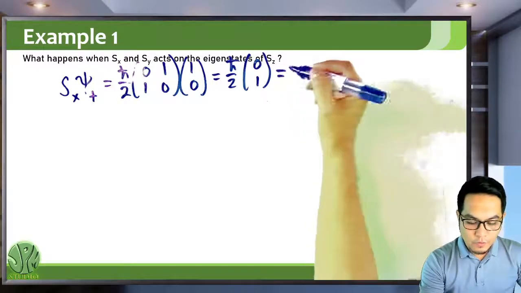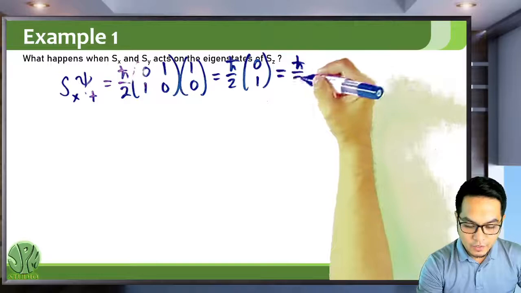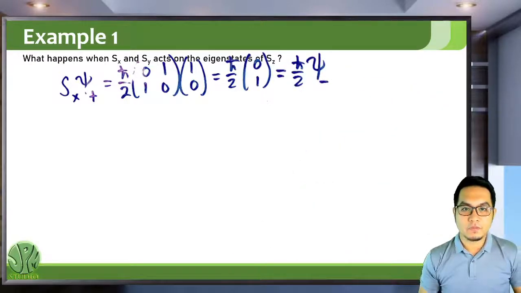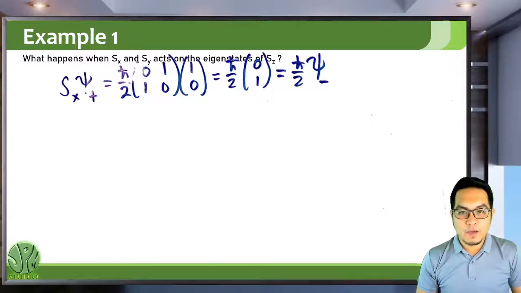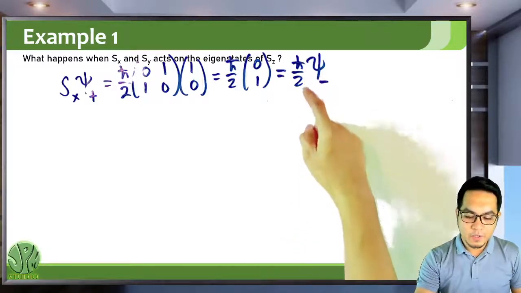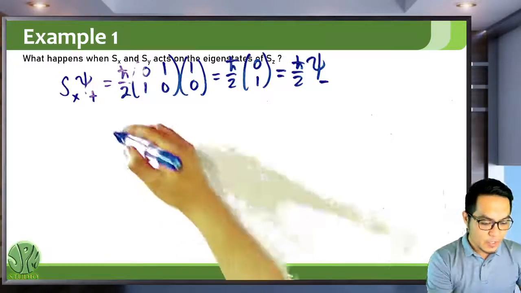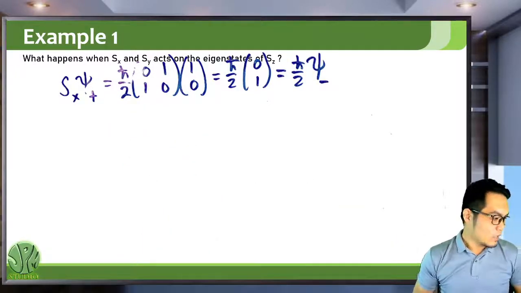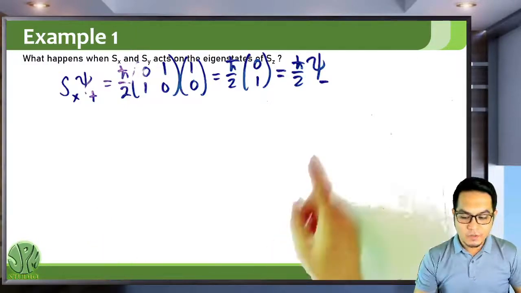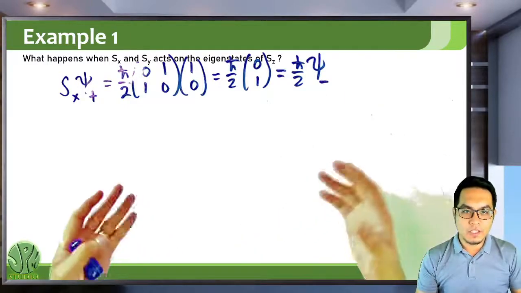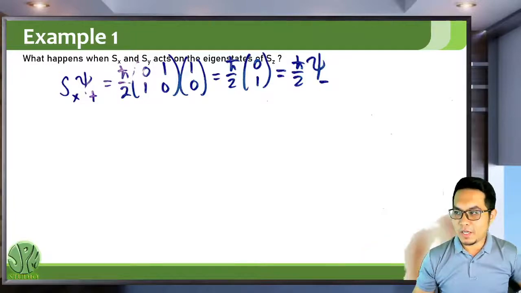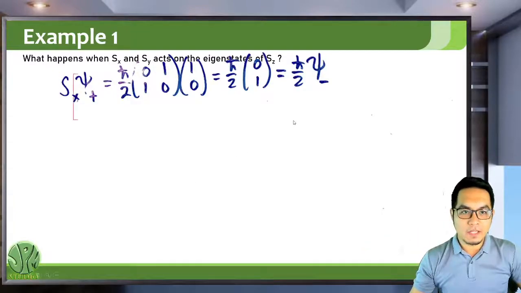Where 0 1 is the spin down matrix. So Sx acting on spin up will give you h bar over 2 spin down. Similarly, you do the same for Sx acting on psi minus. This is just a very easy matrix multiplication. I will leave the rest to you.